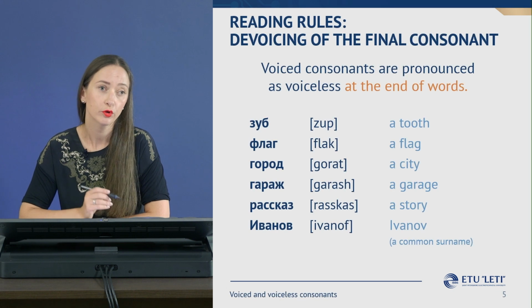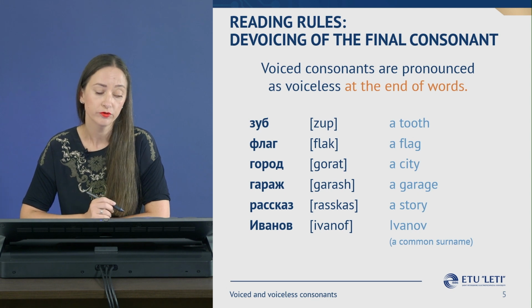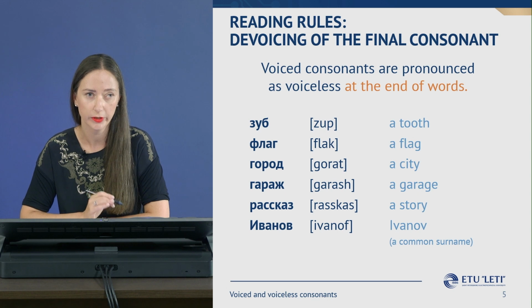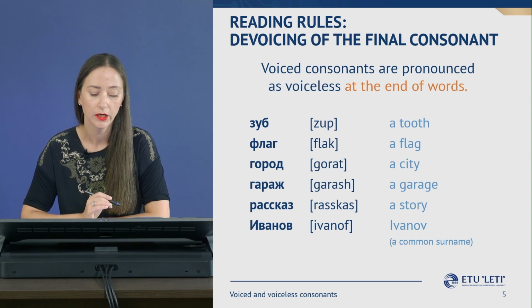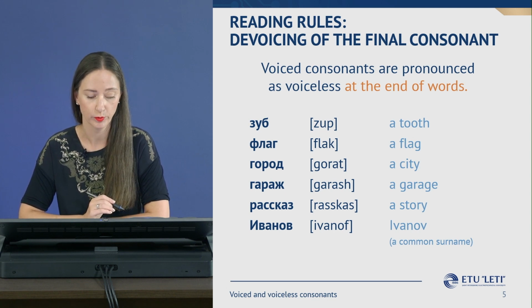Okay, so from the voiced and voiceless pairs, we proceed to reading rules. The first rule is devoicing of the final consonant. This rule is essential for the Russian language. Please pay attention, stay focused, and it will really improve your Russian. It will improve your understanding of the spoken speech.